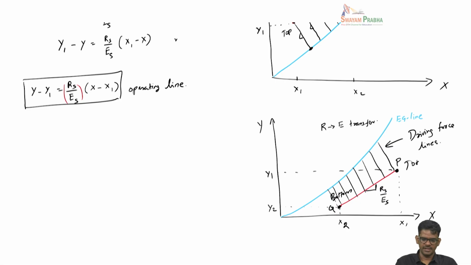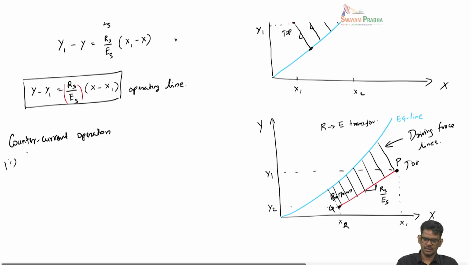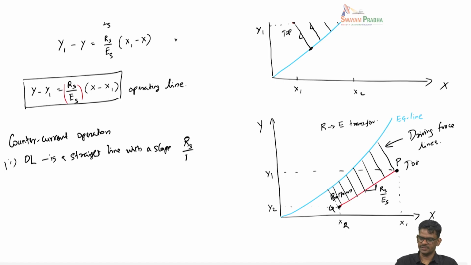So to summarize, in the countercurrent operation, the operating line is a straight line with a slope RS by ES.